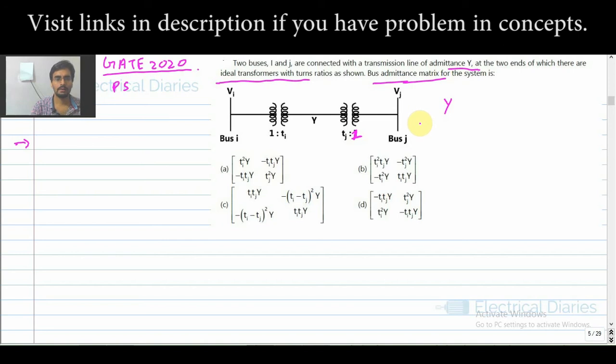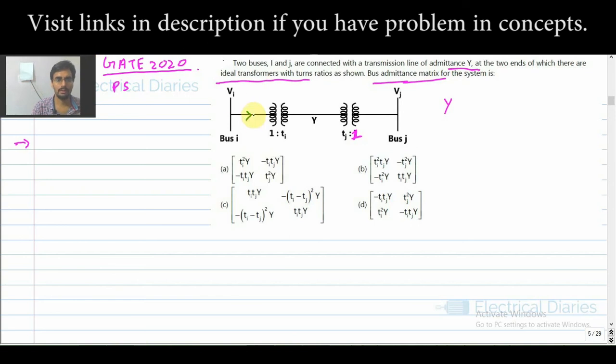Okay, and see, you have to be very much clear about the two-port network. In the two-port network we study the ideal transformer. Okay, and in that the only important thing is how we take the direction of the secondary side current. Okay, so I will take the directions according to that concept only.